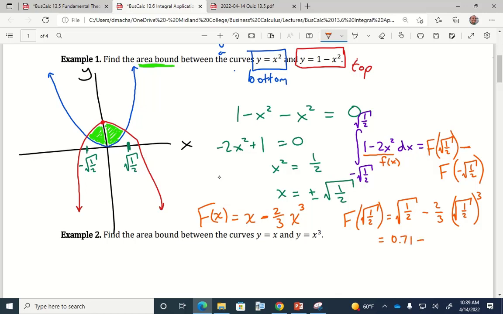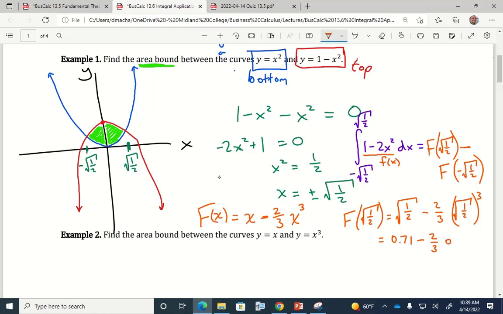Okay, minus 2/3 times 0.71 cubed. What is 0.71 cubed? 0.3579, so I would do 0.36.